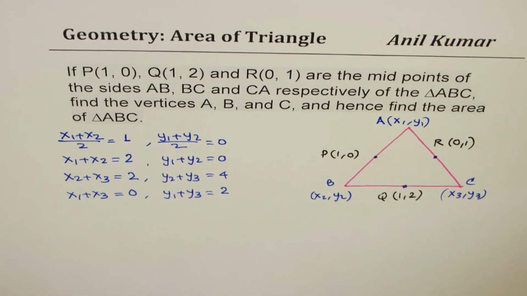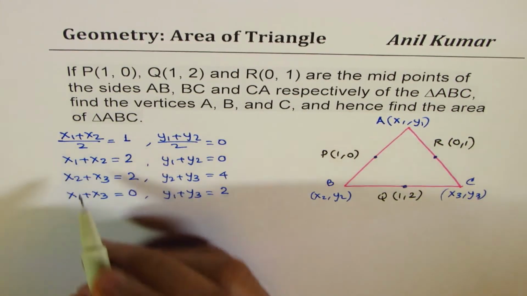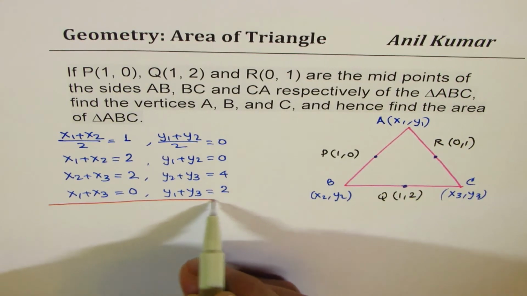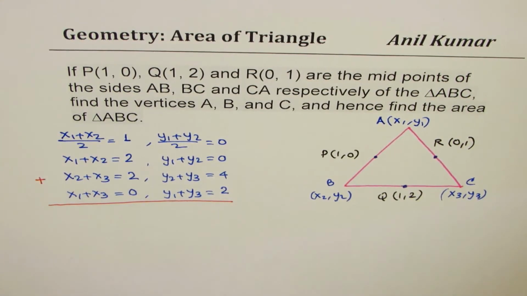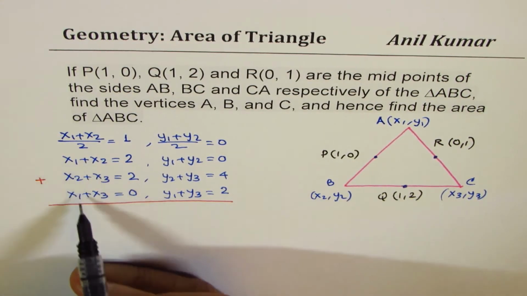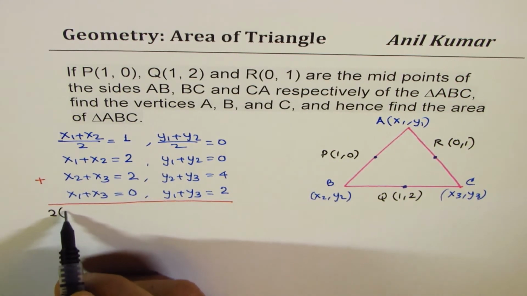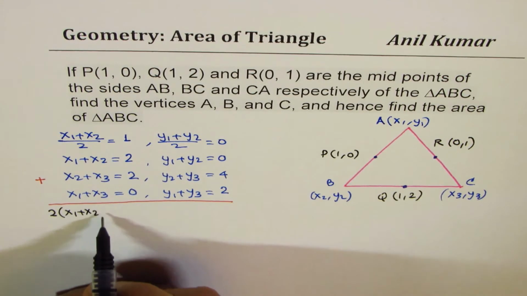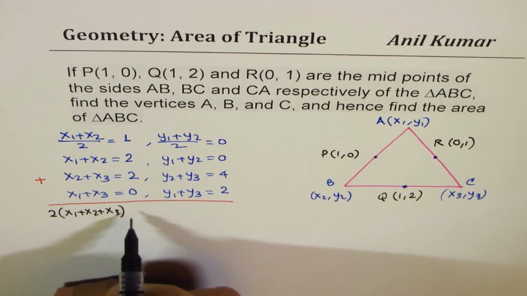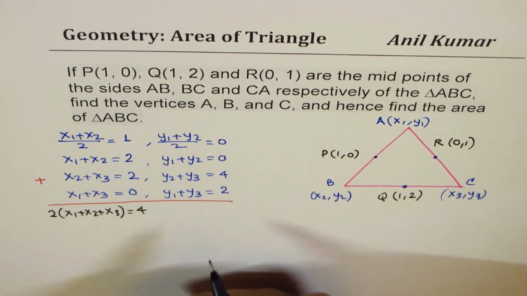Correct? So once you get these equations, we can add them up, right? Just add them up. If you add them, you see everything comes twice. So we have 2 times (x1 plus x2 plus x3) equals 4, right?